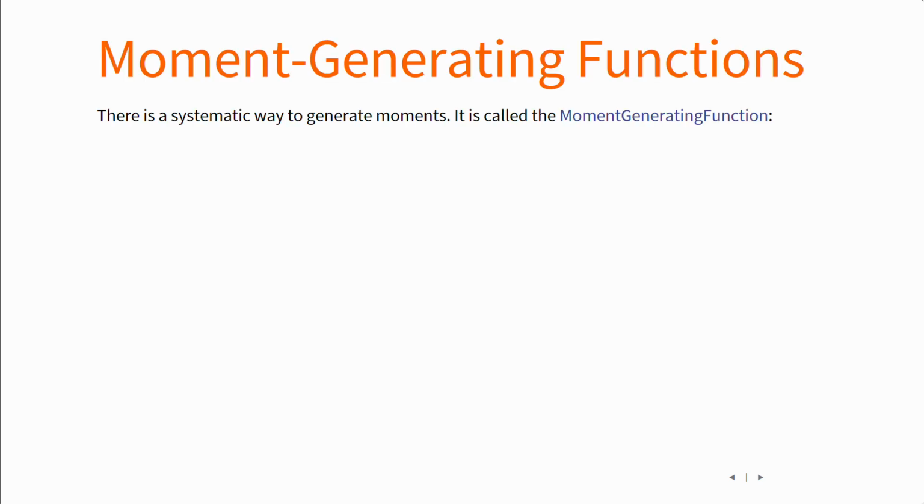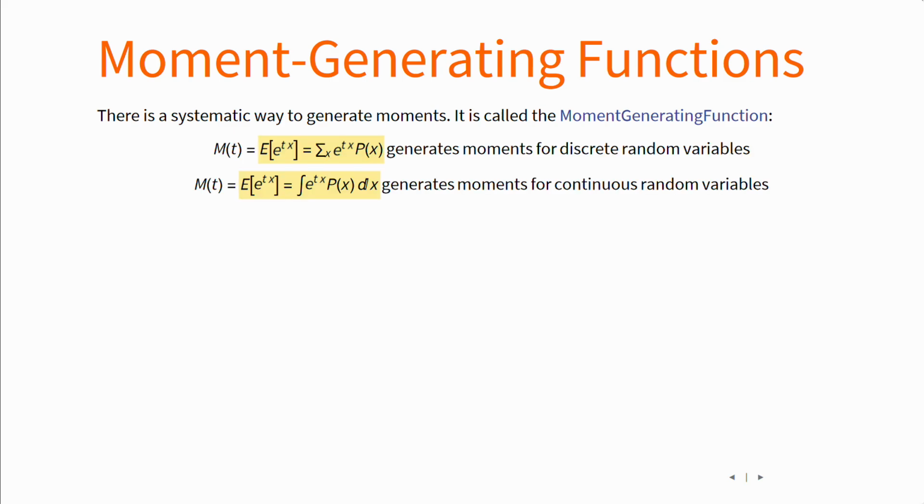If you've ever computed a moment, you know it's far from trivial, as sums and integrations can get really complicated. Fortunately, some distributions have moment-generating functions, defined as the expectation of e to the power tx. Okay, let's say you have a moment-generating function. How do you even generate moments? How do you generate the nth moment?